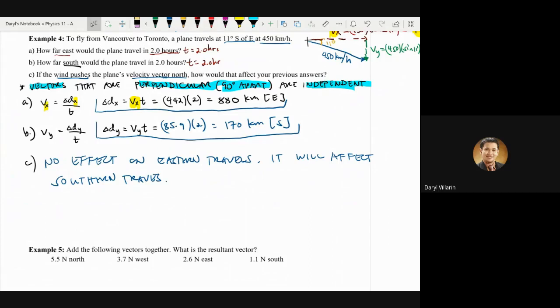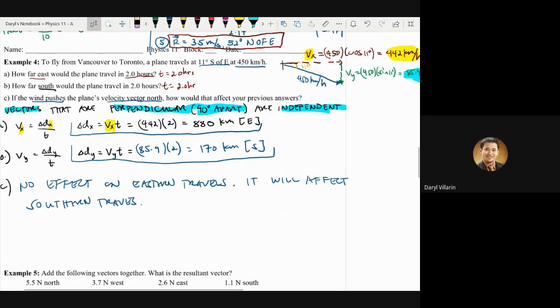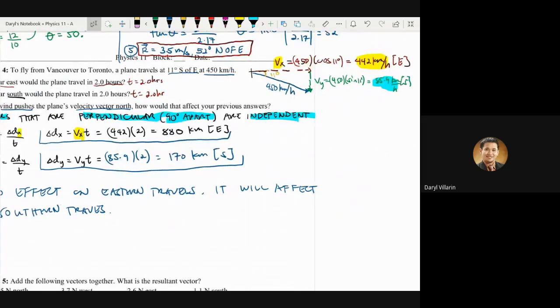so that we'll get the final answer as precisely as possible. Like for example here, we don't have to solve right away Vx as 442. We can actually plug in 450 cosine 11 times 2 in our main equation here of delta x. But sometimes that could be, again, long, and sometimes that's prone to mistakes.